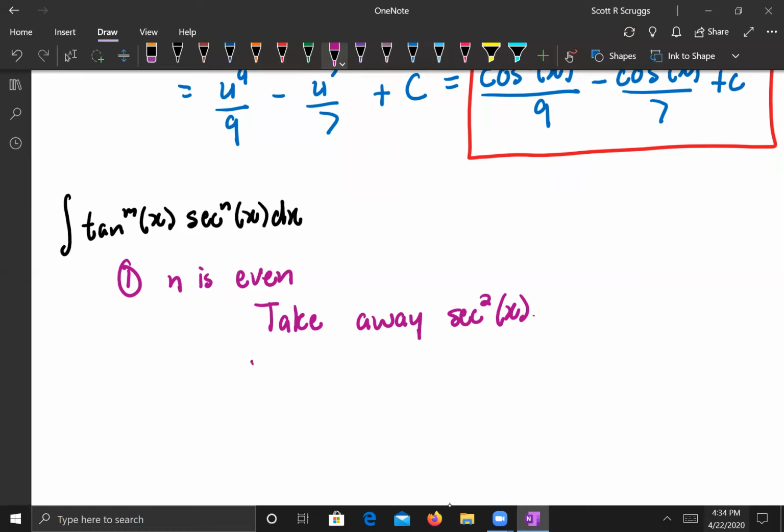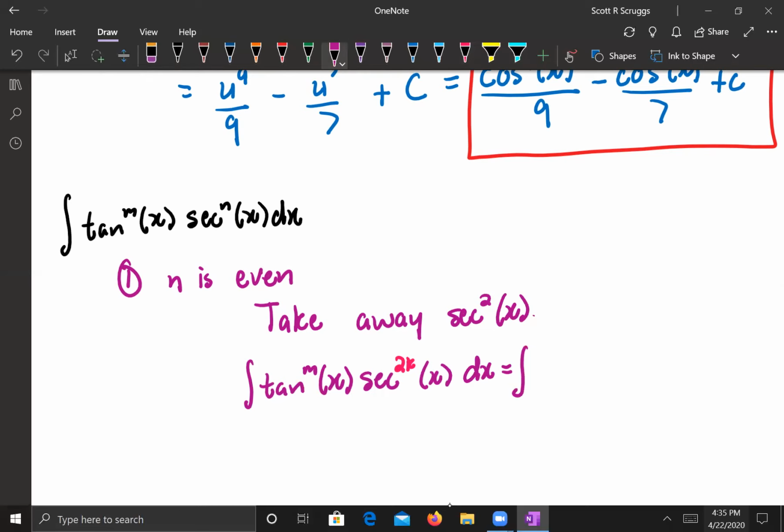So let's look how that looks. I now have tangent to the power m of x, secant of x to the n, which I now know is even. So it's 2k to the power of x, dx.